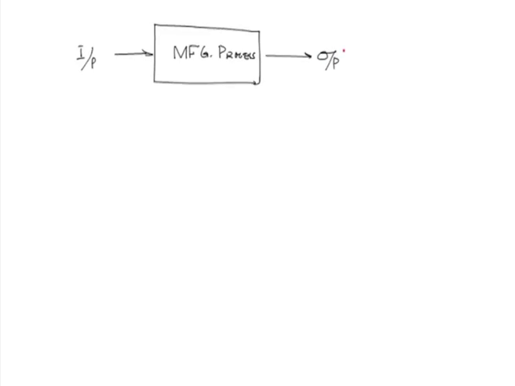Basic manufacturing process: if we consider this as a manufacturing process, and this is the input and this is the output, this input can vary depending on the requirement, then depending on the available resources, then depending on the technique.